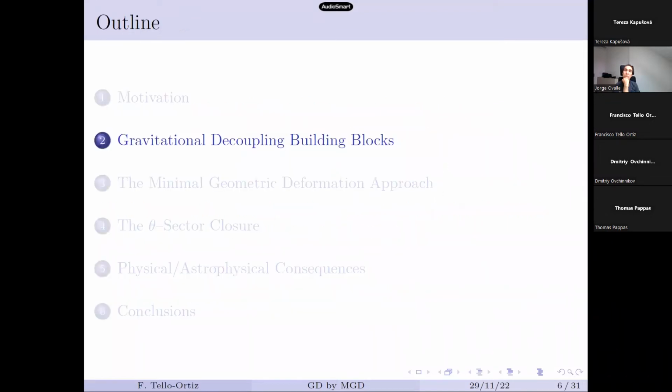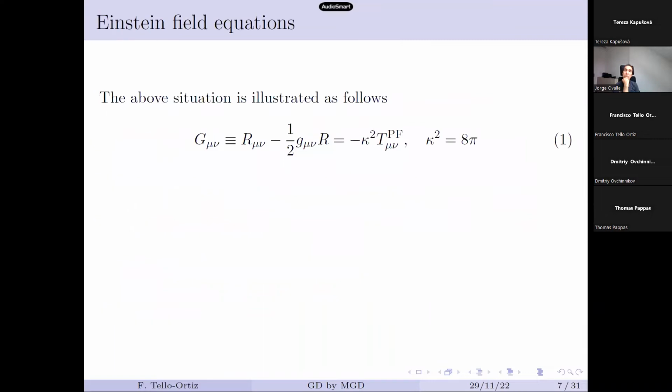So, in the above situation, now we are starting from a spherically symmetric and static space-time subject to a specific matter distribution. I shall assume this situation along the talk. Obviously, if you want, you can start from a quite complex situation.